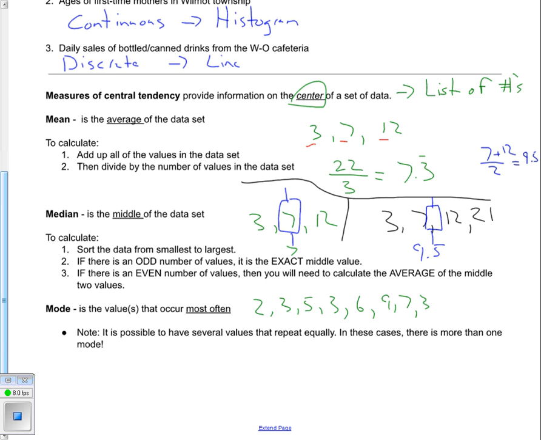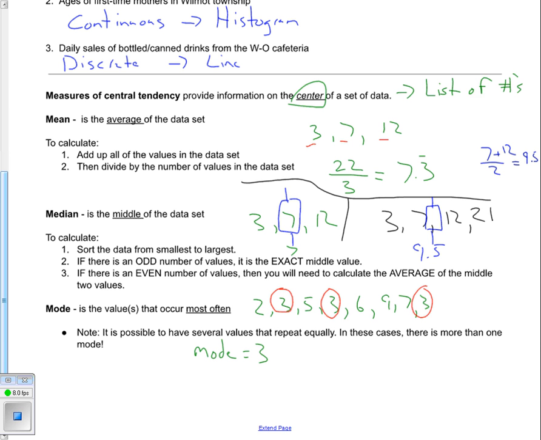So I have a whole bunch of numbers, and the mode is the number that happens most often. So in this case, I have the number 3 that actually repeats 3 times. 1, 2, 3. So in this case, my mode is equal to 3.